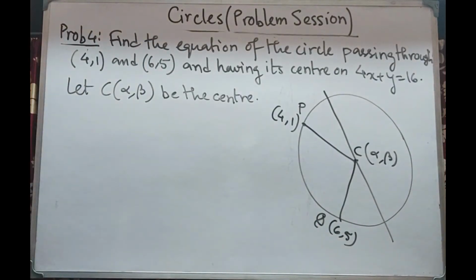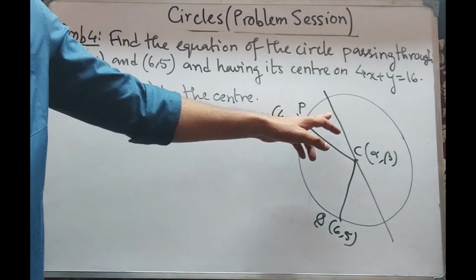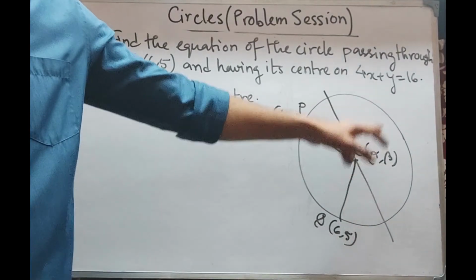So CP and CQ both are the radius of the circle. So we can make CP equal to CQ, and since we have coordinates of all the 3 points, we can apply the distance formula and make these two equal. So we have a relation in alpha beta, and also there is another relation in alpha beta because the point alpha beta is lying on the straight line.